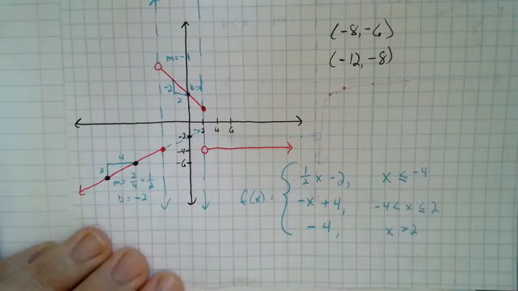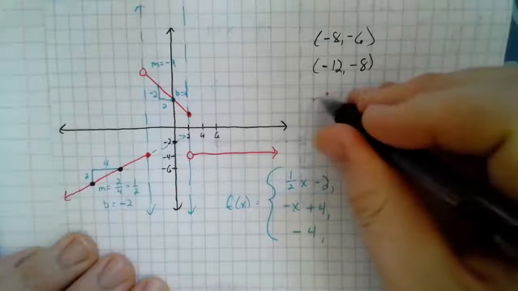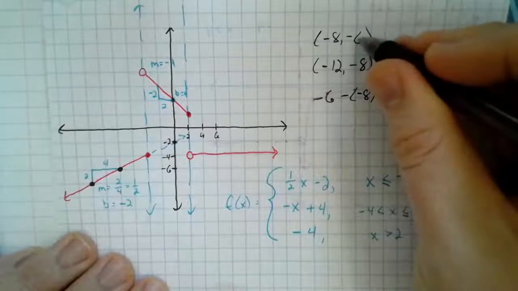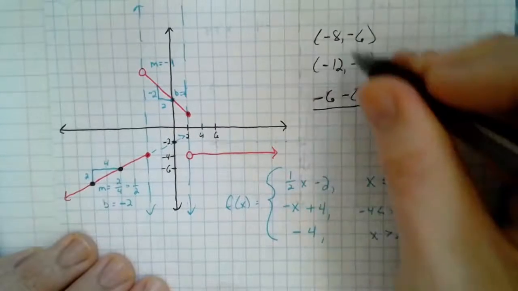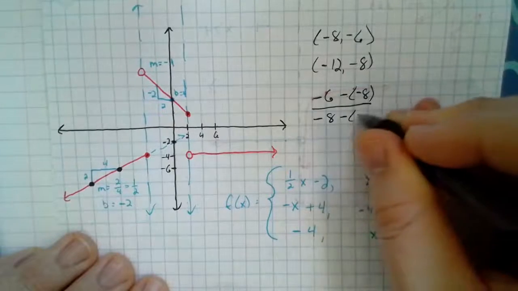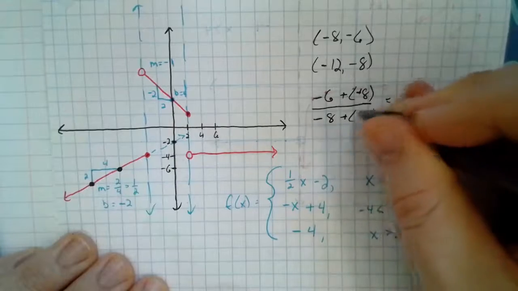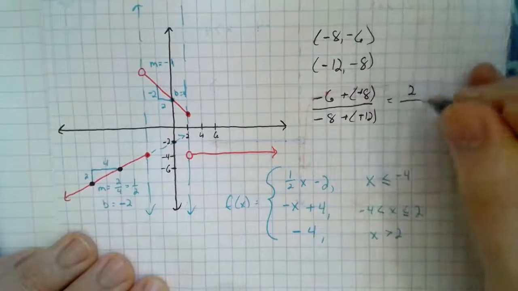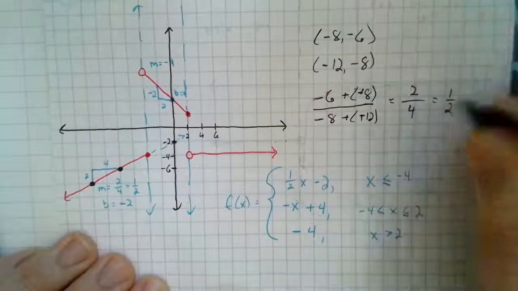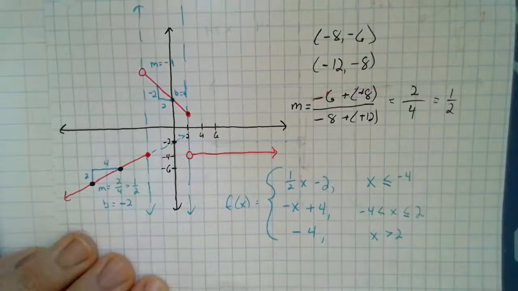Okay? I can find the slope doing my basic slope formula. I go ahead and do -6 minus -8, y minus y, over, since I started with -6 up top, I have to start with -8 on the bottom. Okay? And watch what happens here. Plus a positive. So I end up with 2 over 4, which is 1/2. So you see I get the exact same slope if I use the ordered pairs, right?